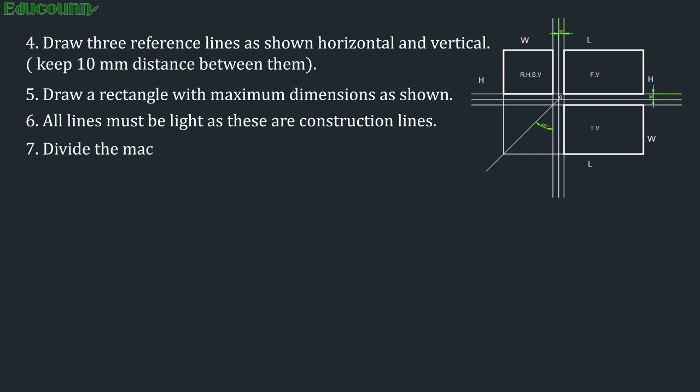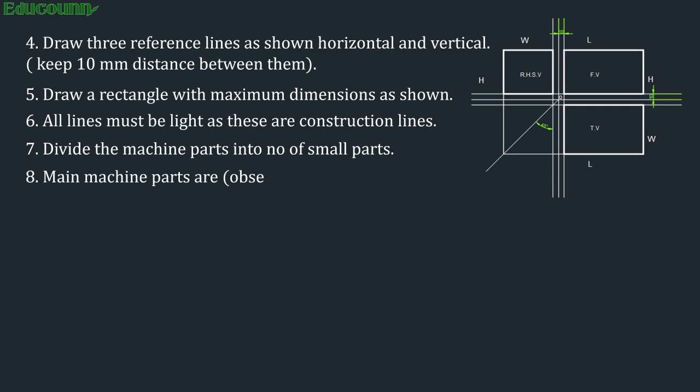And then divide the machine parts or the given object into a number of small parts, including the surface changeover, and make the required portions, that is the outline, dark. And you can see now the rectangles will be made dark after that.